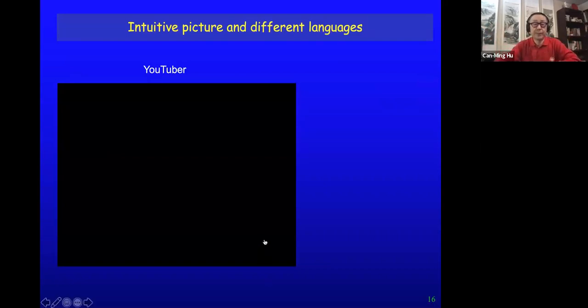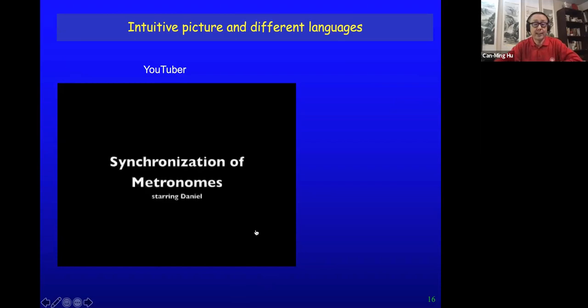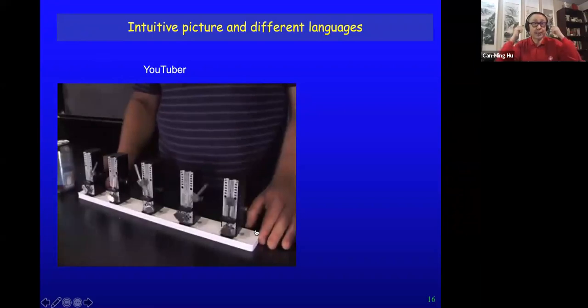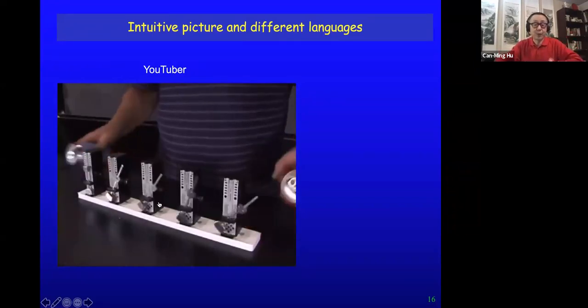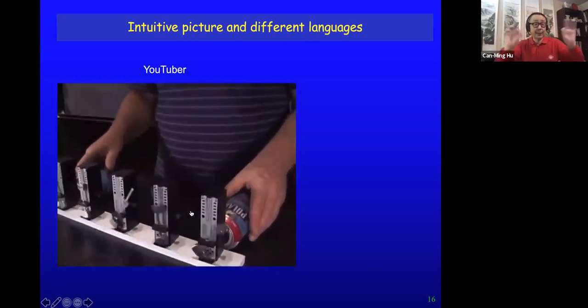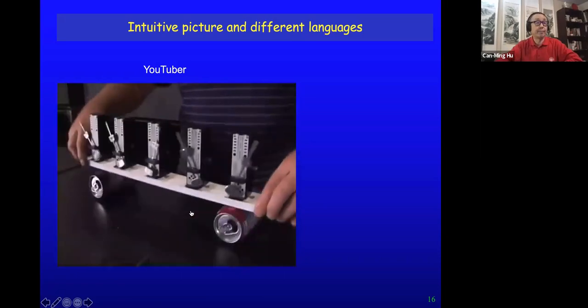Now, if I have confused you using this formula, here is an intuitive way to understand it. And I'm sure you all have seen this YouTube video. Now, you cannot hear the voice that I hear, but you can look at the different oscillators. They are randomly oscillating, and there is no coupling between them.